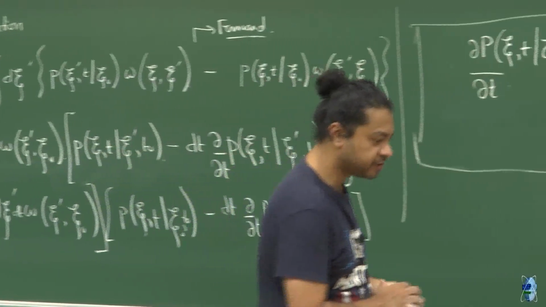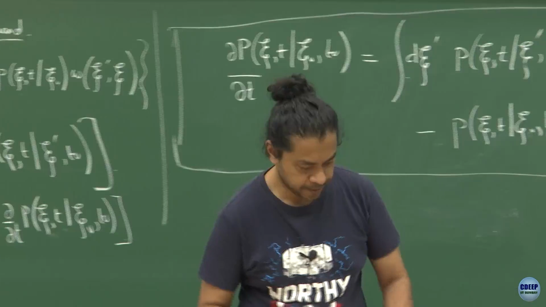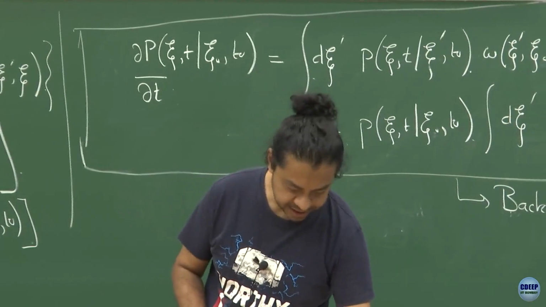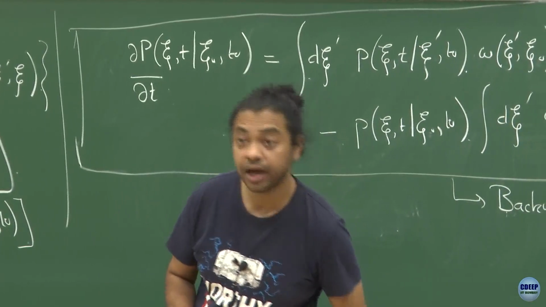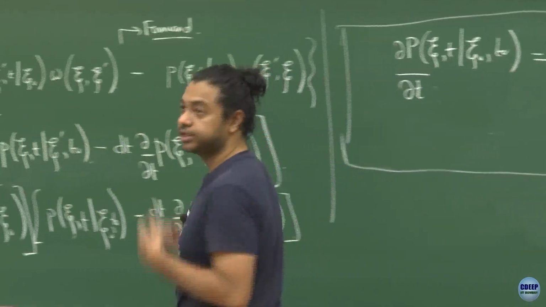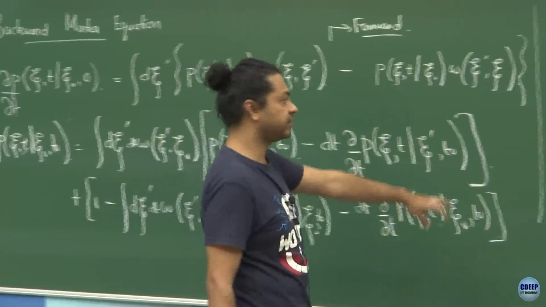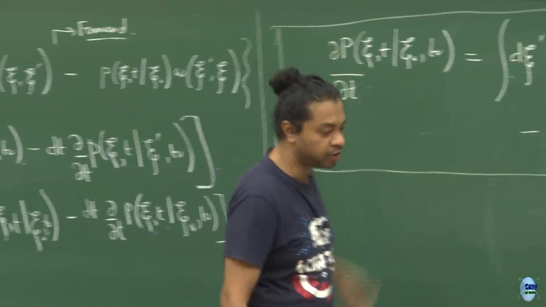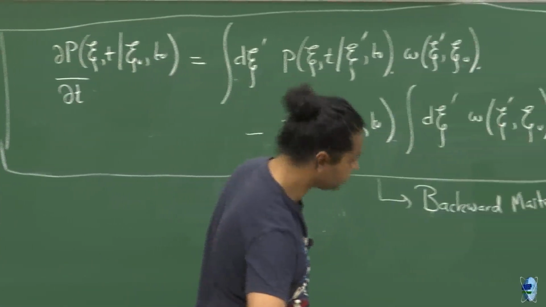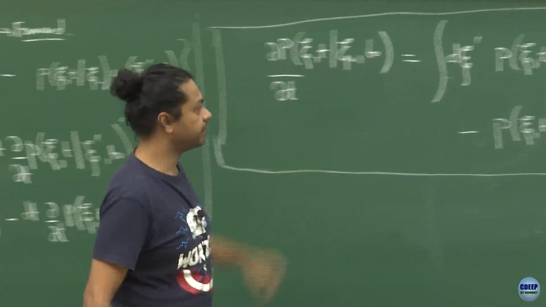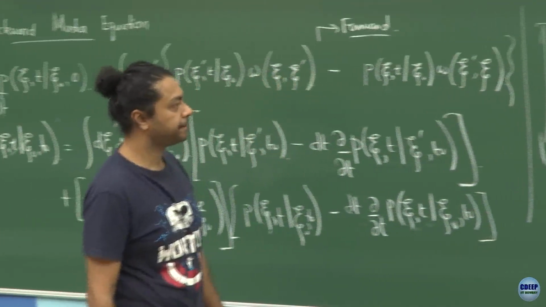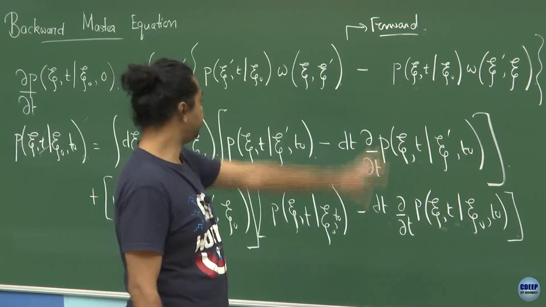Backward equations are especially useful when you want to look at times of processes, that is, how long did it take for this process to happen? And there it is the backward equations that are actually more convenient, and I'll show why. Okay. All right. But this is the master equation.